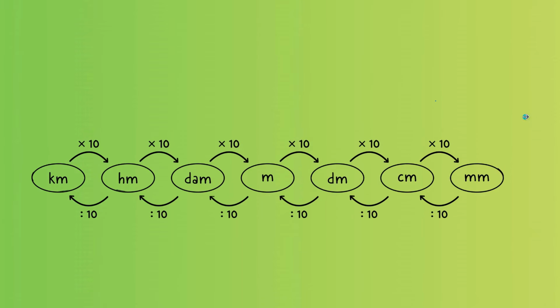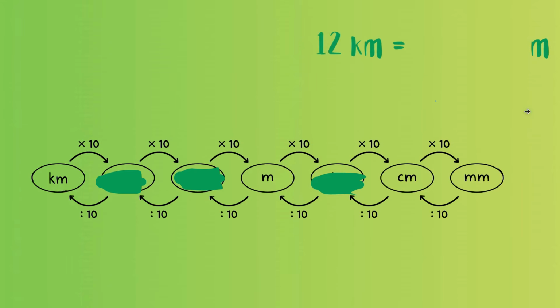But you do not need to know all the names. So instead of writing all the names down, we can eliminate the names we are not using and just put a line. So when you write this down, this will be kilometers, line, meter, line, centimeter, millimeter.